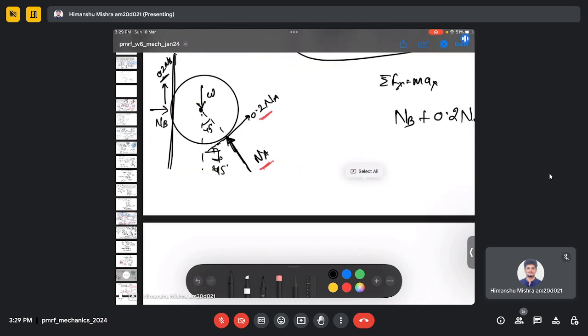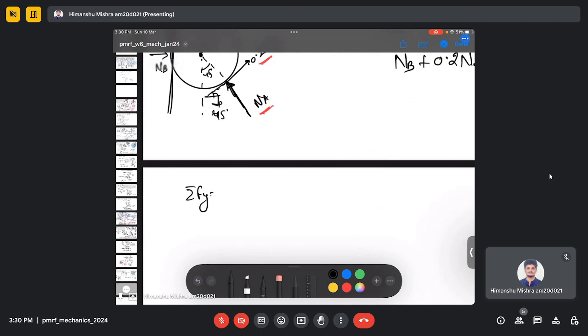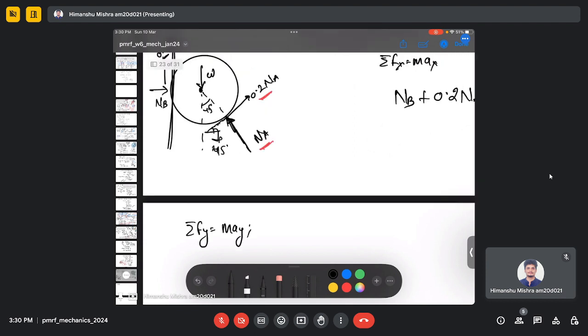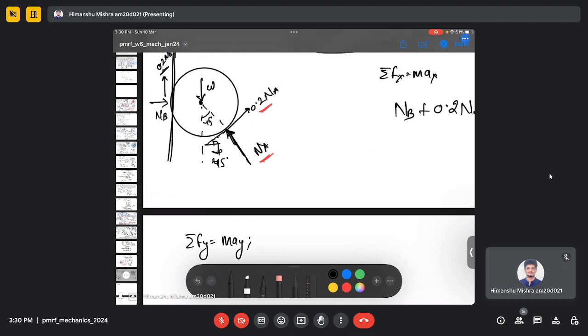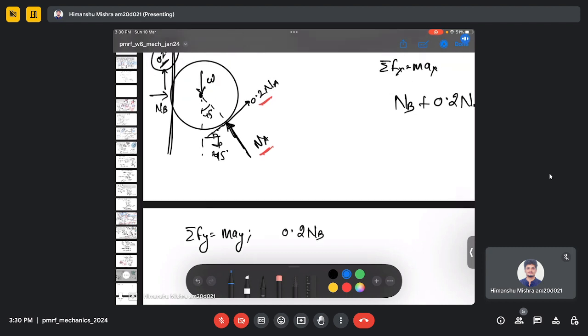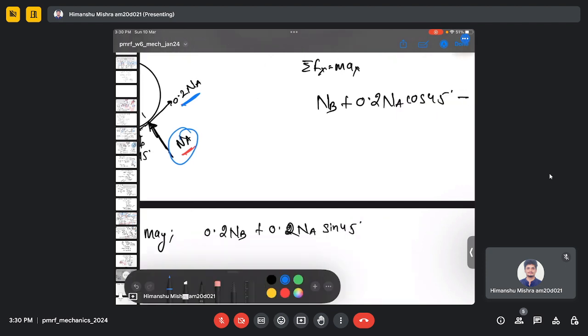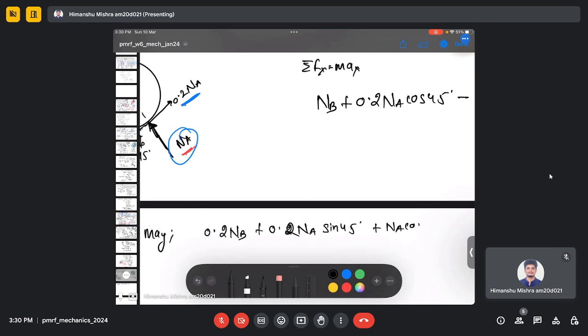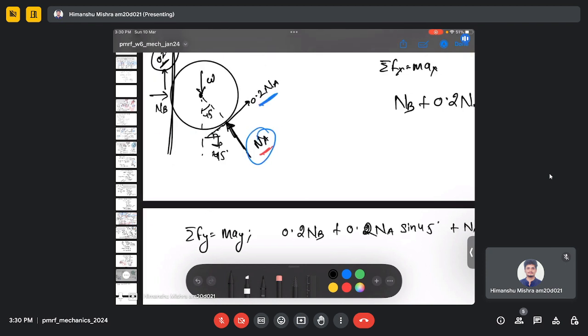Now if I do the same in the vertical direction, the contribution will come from this friction force, then this friction force as well, and due to the component of this normal reaction, and due to this weight.